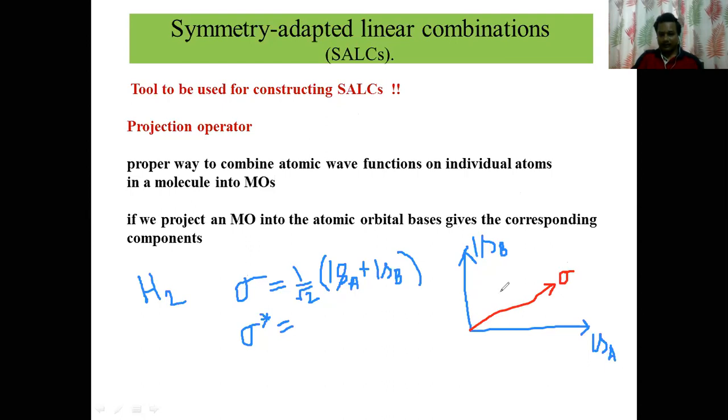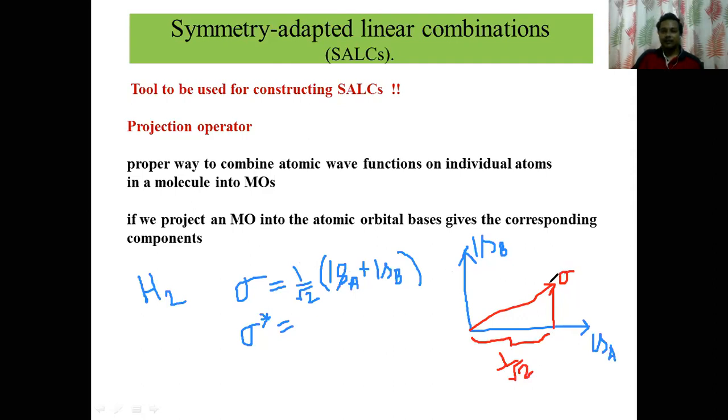Now, if I think about what the projection operator does, it's like I'm comparing with the classical analog. It's not exactly the way we do the projection on the x-axis and y-axis. So if we project it on this, then this part is going to be 1 by square root of 2, which is this one, right?